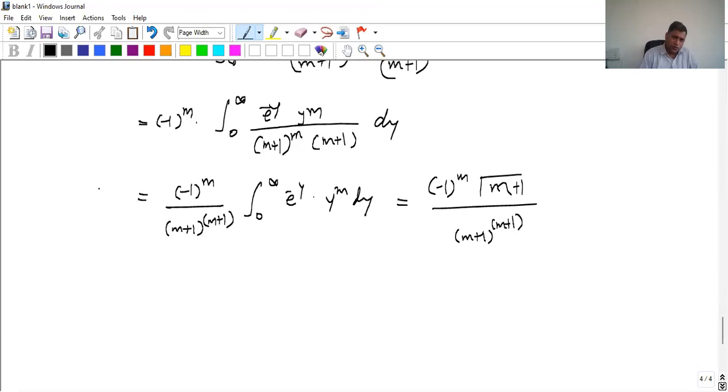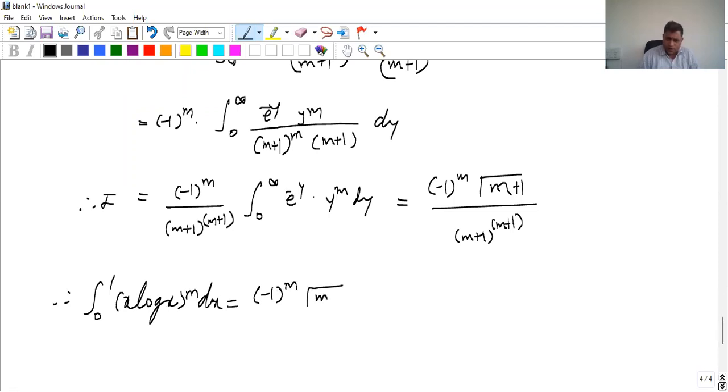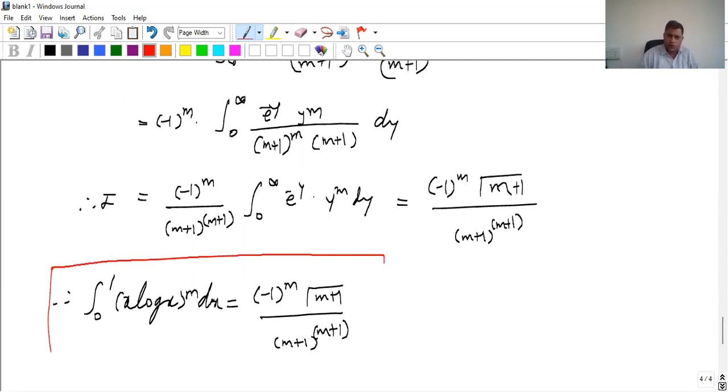So we got here, hence integral 0 to 1 of (x log x)^m dx is equal to (-1)^m gamma of m+1 upon (m+1)^(m+1). Okay, and this is what we are able to do.